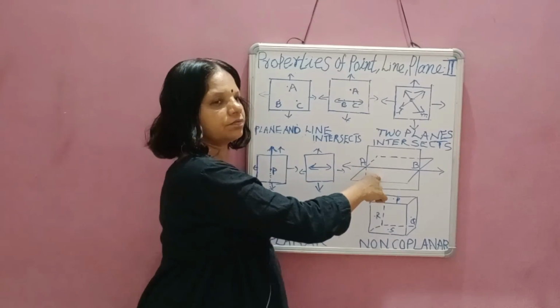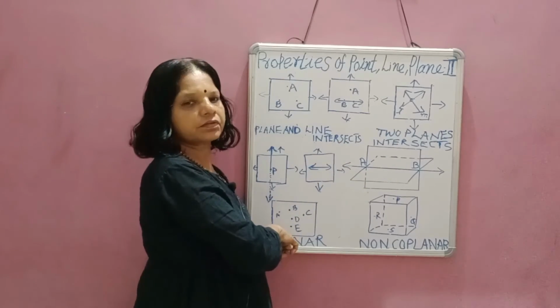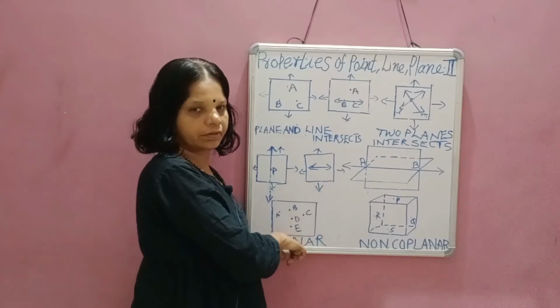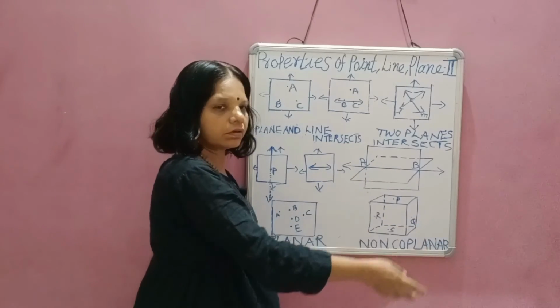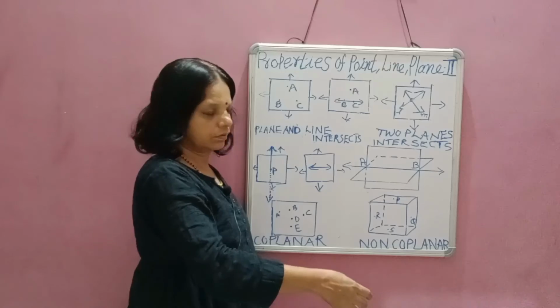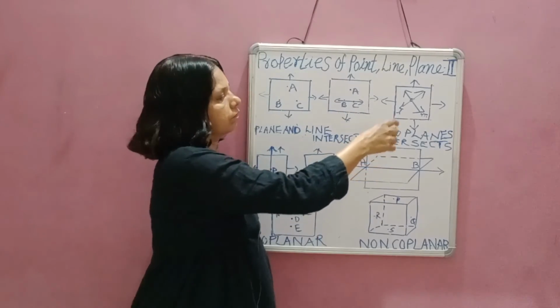The intersection of two planes is a line. Coplanar if all the points are in a single plane, and non-coplanar if all the points are not in a single plane. These are the properties of point, line, plane.